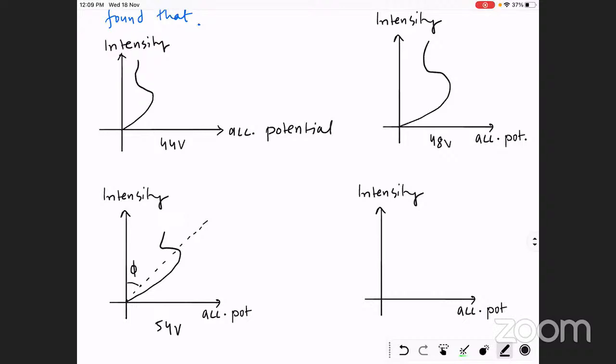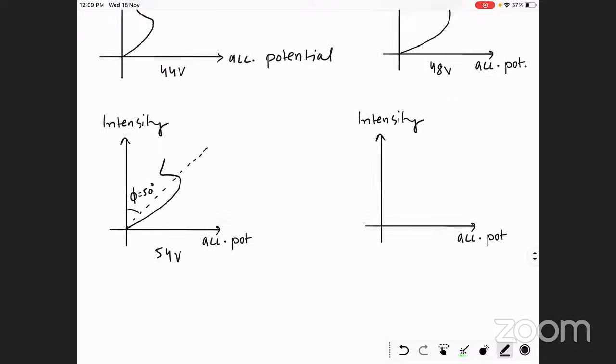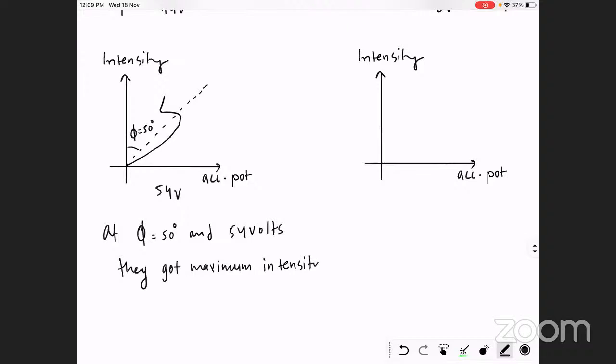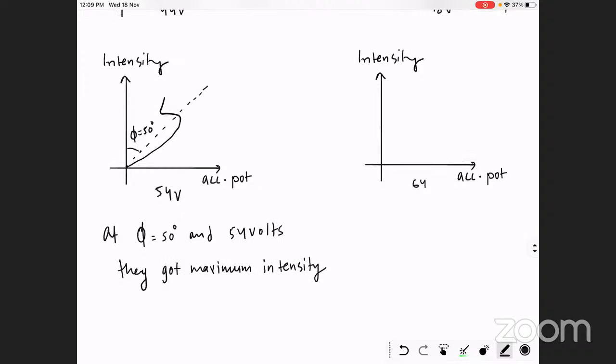This is phi. At a 50-degree angle of scattering and 54 volts, they got maximum intensity. Maximum intensity means what? Constructive interference or destructive interference? Constructive.